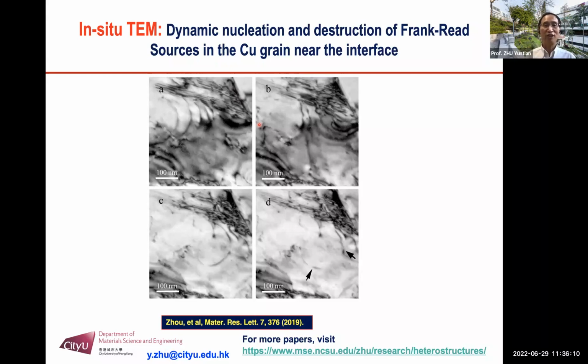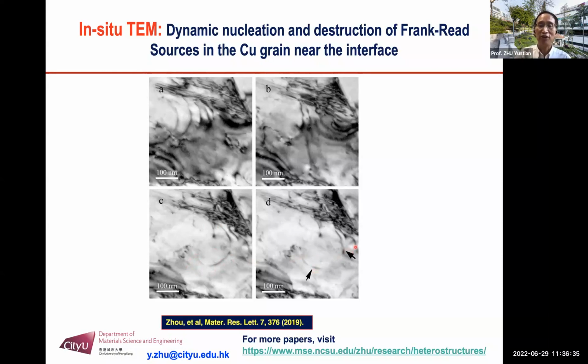Another important thing he found is for each Frank-Read source, it will emit some dislocations, then disappear and deactivate. Then in some other places, a new Frank-Read source will get activated, and then emit new dislocations and get deactivated again.